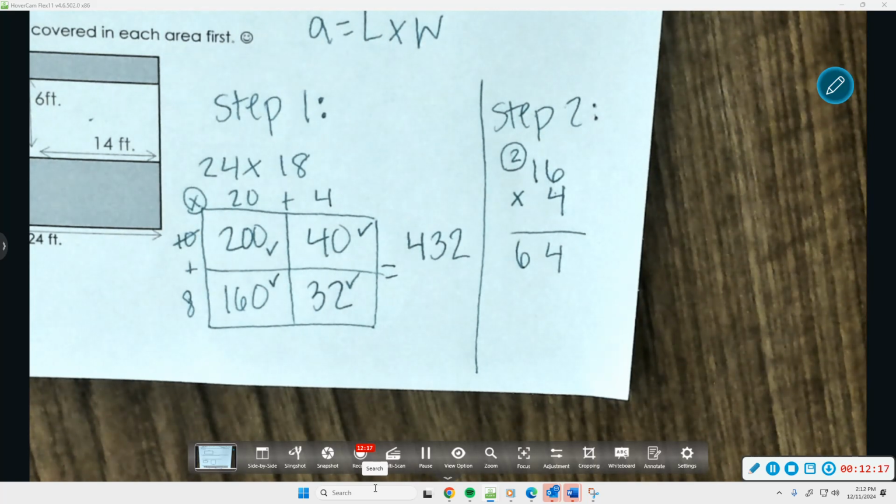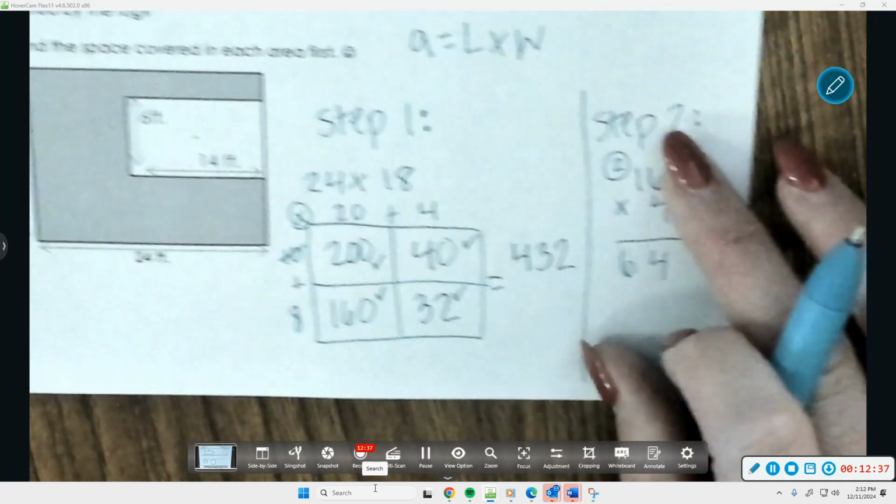Distractor. What is the last step? Minus it from 432. No, you can't minus 64 from 40. Yes. You're going to take 64 away from 432, right?